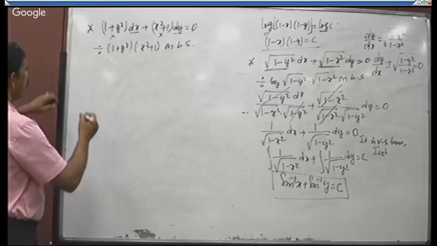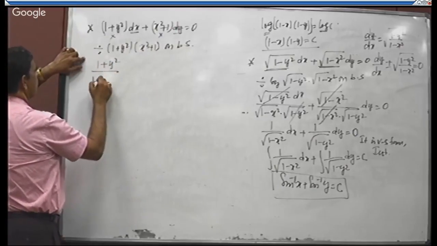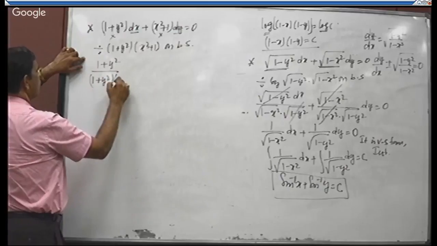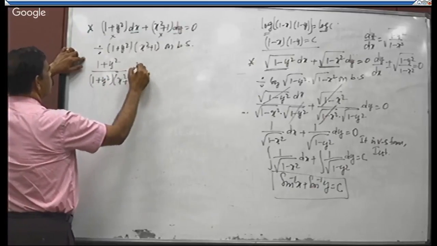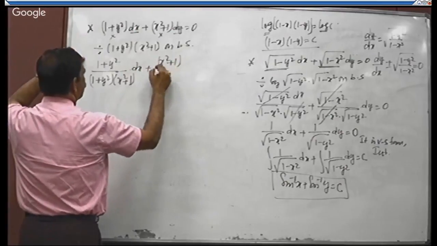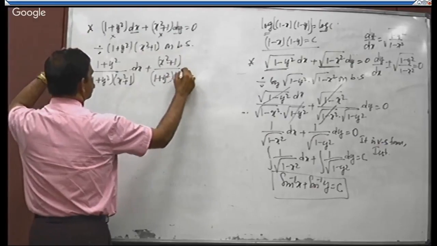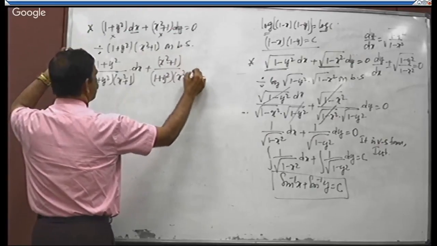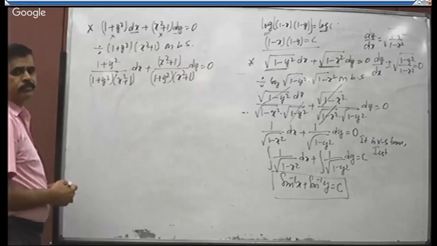On both sides, you will get (1 + y²)/((1 + y²)(x² + 1)) dx + (x² + 1)/((1 + y²)(x² + 1)) dy = 0, right?